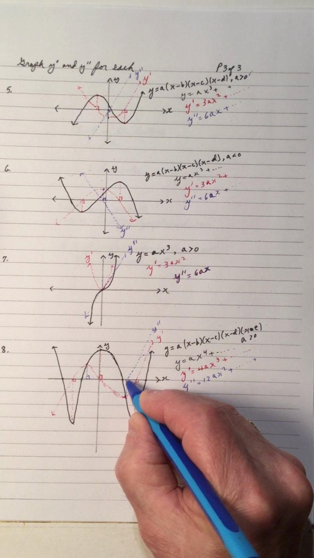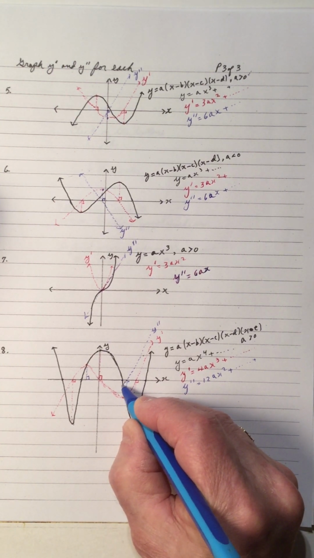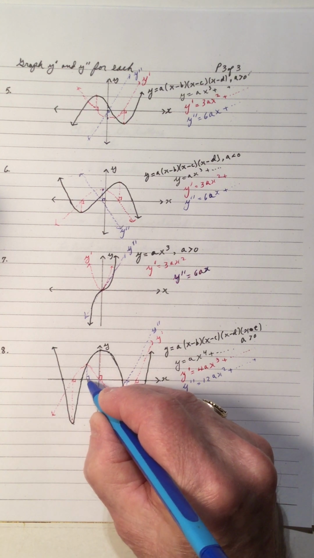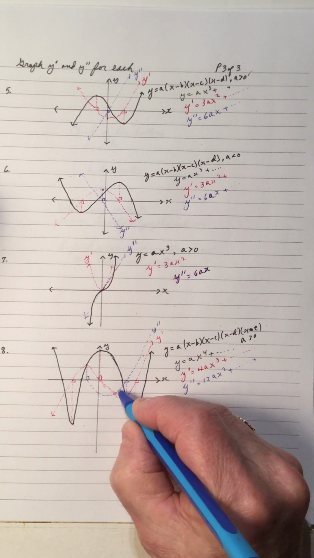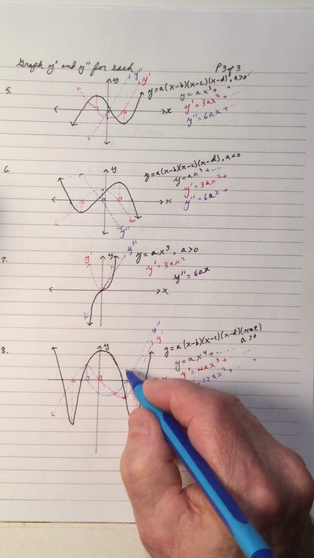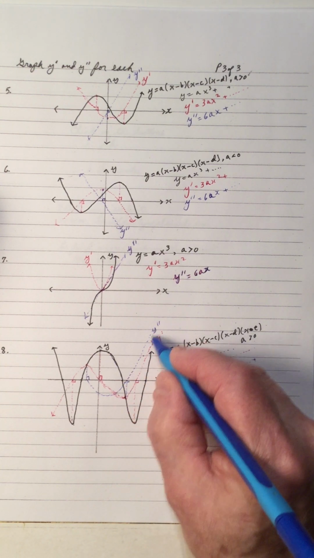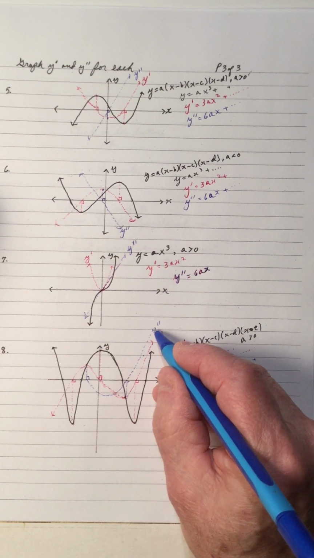So that means it comes down like this, and it goes up to this point. So the values here are negative, so that means it's opening like that. Because the values of y prime are negative right here, pertaining to the double derivative.